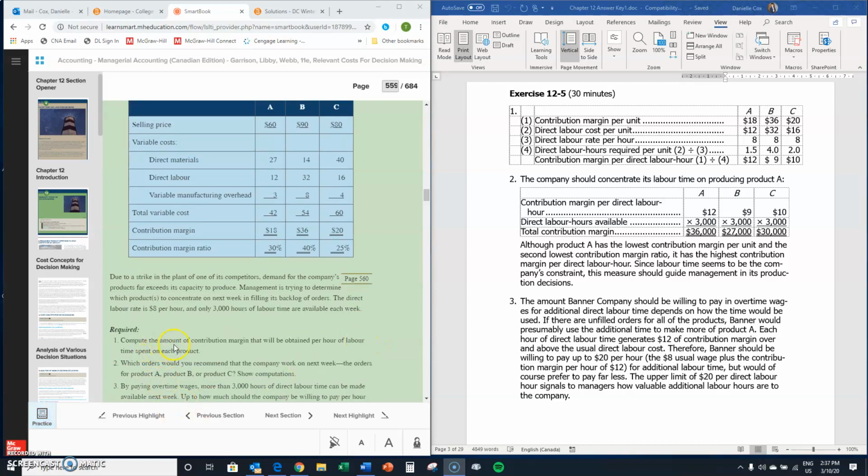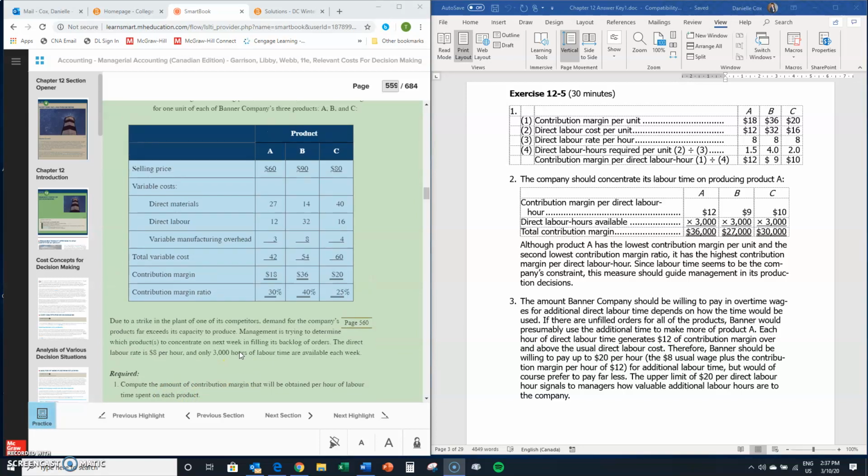So part 1, compute the amount of contribution margin that will be obtained per hour of labor time spent on each product, because labor time is the constraint. So the first thing is to determine the labor hours required. So just for product A, for example, it's the cost per direct labor per unit.